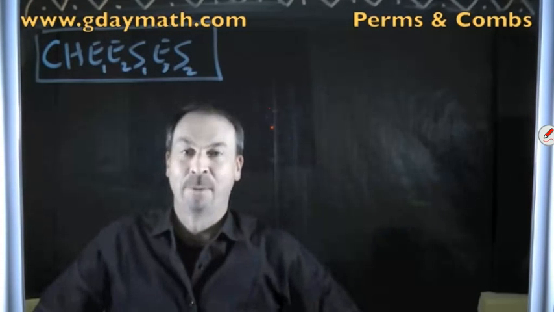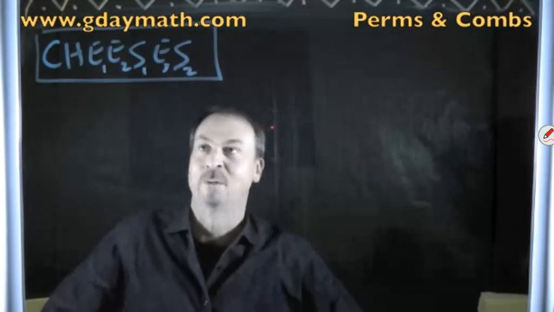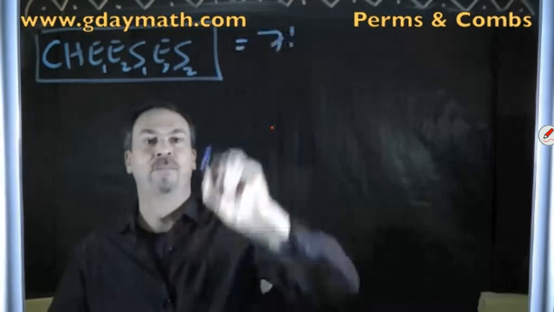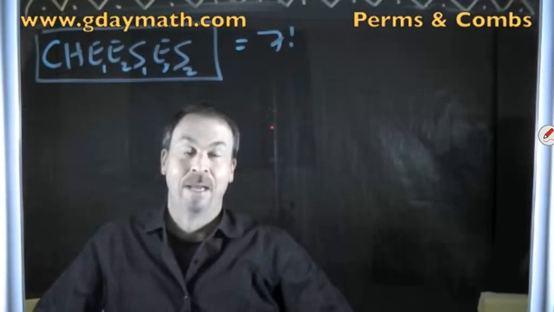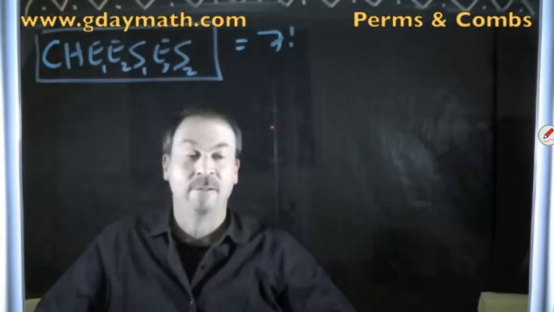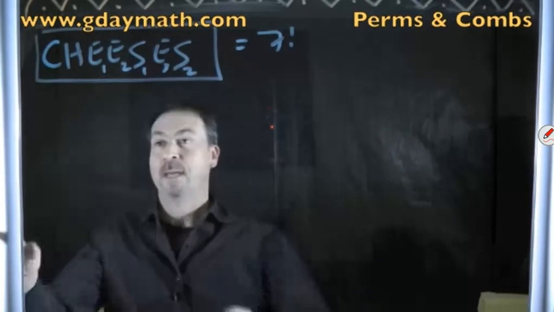That's 7 tasks. The multiplication principle says the answer would be 7 times 6 times 5 times 4 times 3 times 2 times 1, 7 factorial, 5,040. Alright, now let me start listing all 5,040 ways of doing this. Brilliant. Wow. Let's see what happens.